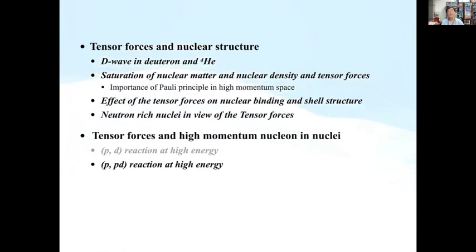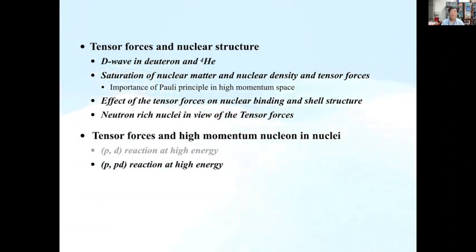And if you understand how the tensor force gives the binding energy to the nucleus, then you will see that the binding of stable nuclei, or N equals Z nuclei, and very neutron-rich nuclei are very much different from the viewpoint of tensor interaction. So that's a very important point.